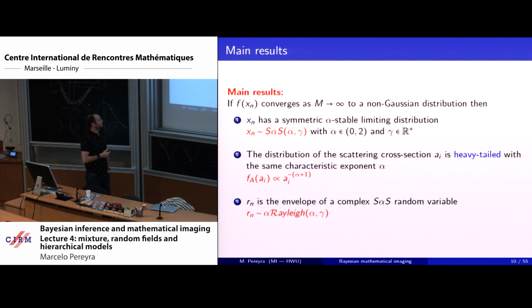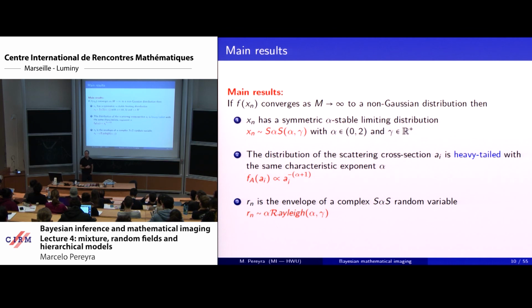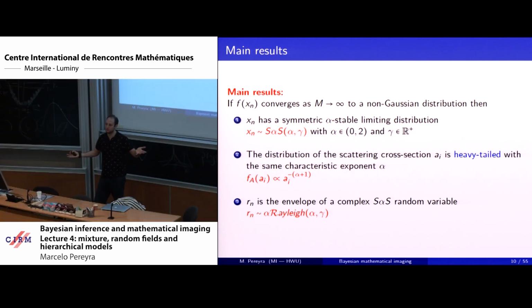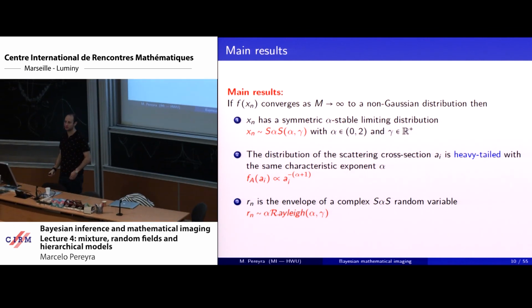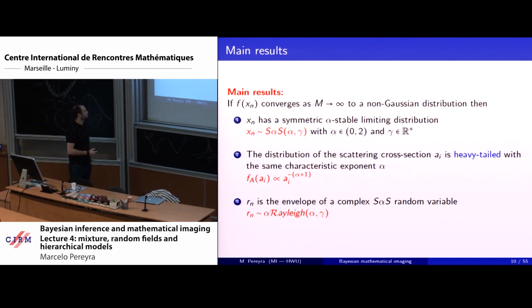The second thing we'll show is that if this holds, then it means that the scatterers have a distribution that is heavy-tailed, something like a power law distribution. And power law distributions don't have a variance. So if the distribution of the AIs doesn't have a variance, because the tail is too heavy, then naturally the central limit theorem will not kick in, because you're outside the domain of attraction and you'll converge to something else.